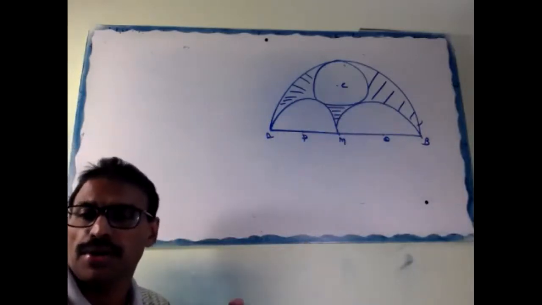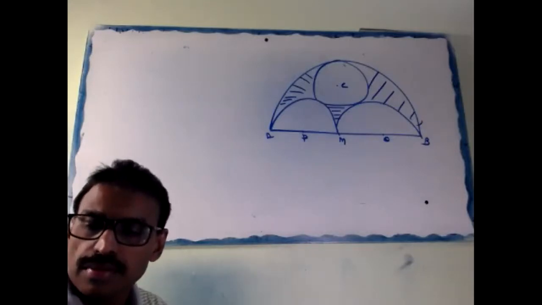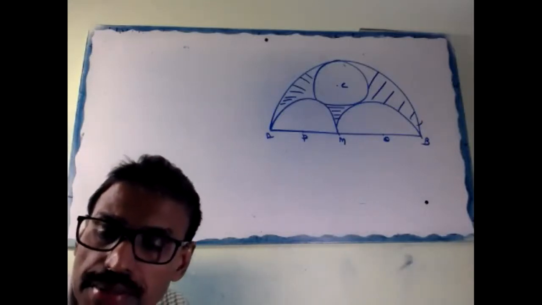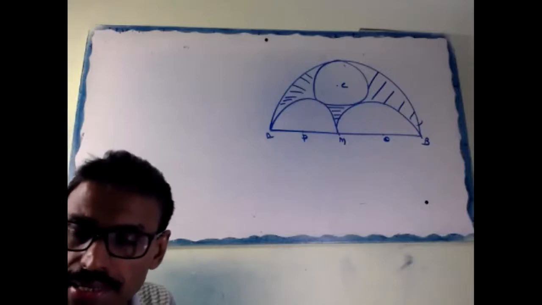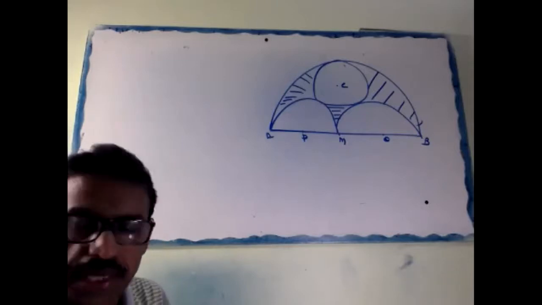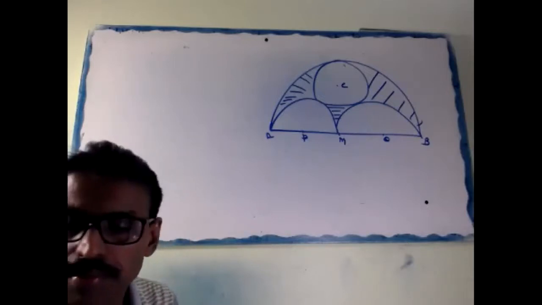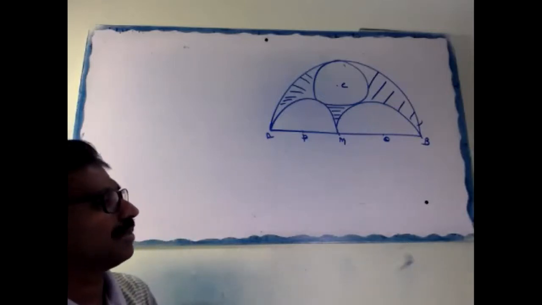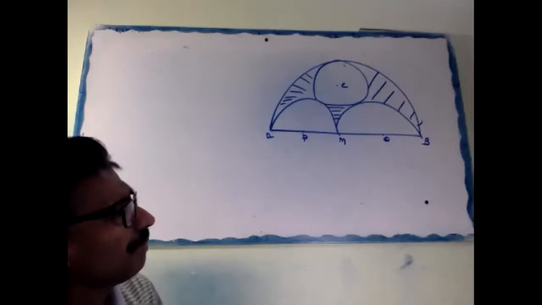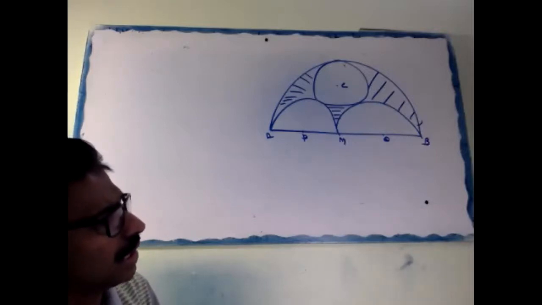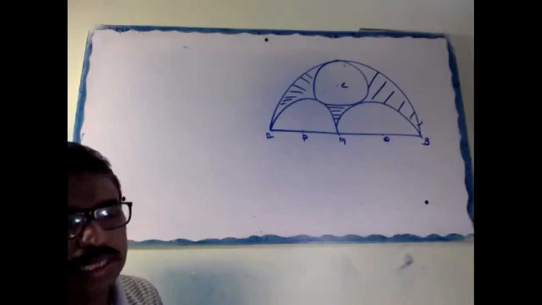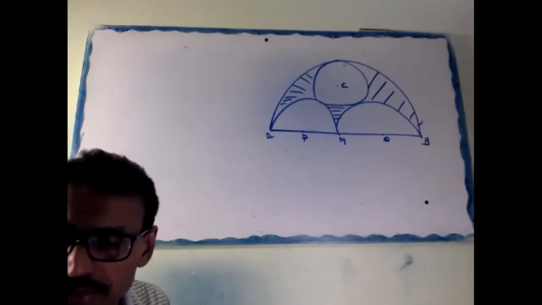What is the plan? Shaded area equals area of the semicircle on AB minus area of the semicircle on AM plus area of the semicircle on MB plus area of the circle with center C.